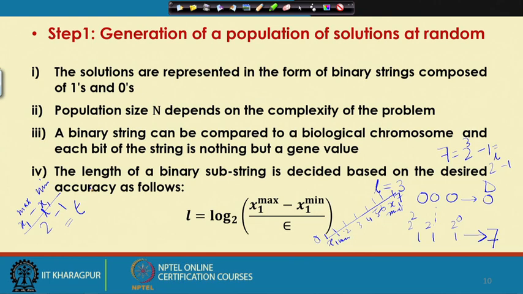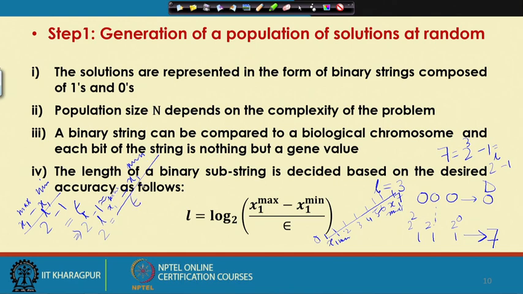Now, this can be written approximately as follows: 2 raised to the power L minus 1 is approximately equal to 2 raised to the power L, which is nothing but x1 maximum minus x1 minimum divided by epsilon.